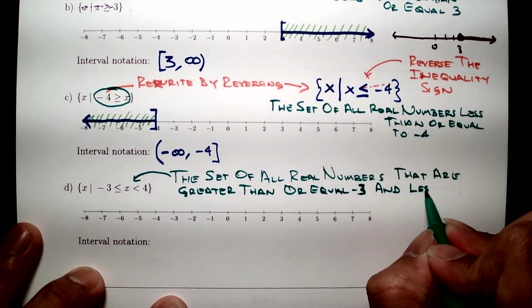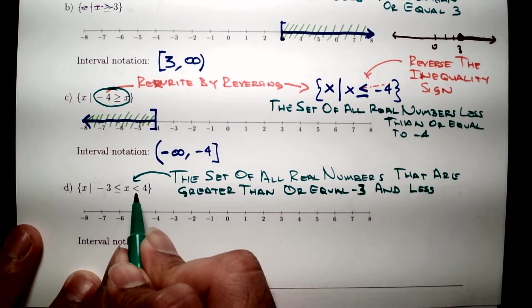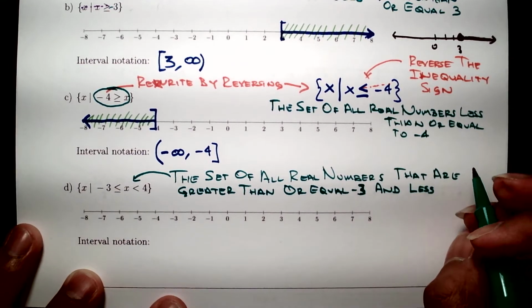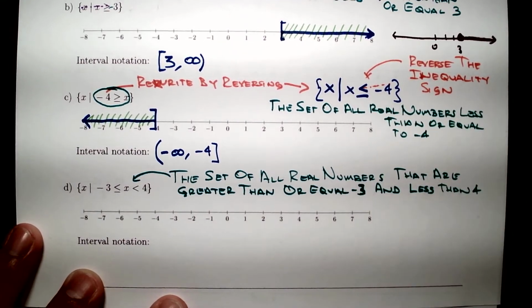Notice the inequality sign that we have here. It has only a less than, not a less than or equal, just less than 4.